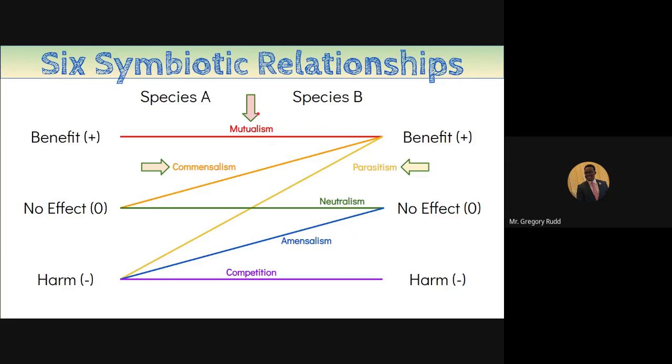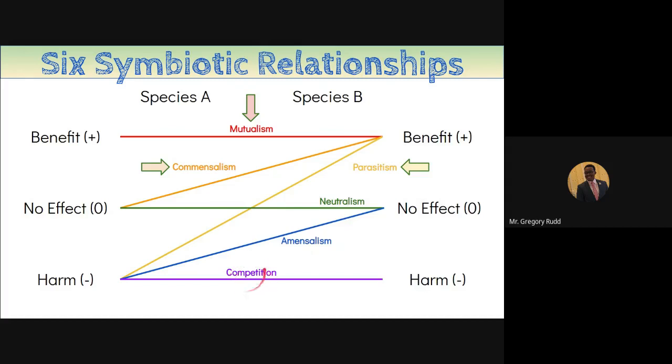And we see these 6 interactions in their names. We're going to talk about 3 of them in particular: mutualism, commensalism, and parasitism. But there are others. There's neutralism, in which neither species is benefited or harmed. This is really difficult to prove, and it would be quite rare to witness. There's commensalism, in which one species is not impacted positively or negatively, whereas the other species is indeed harmed.